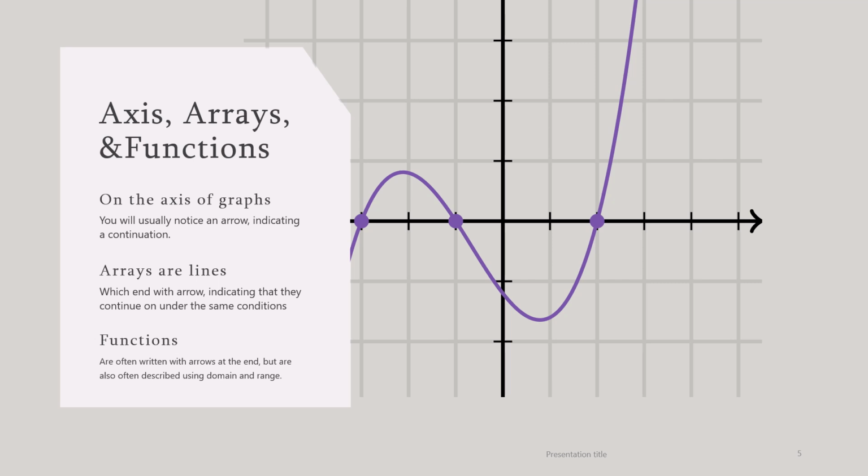Both of these on a graph usually end, at least on one side, with arrows. These arrows lead you to believe that these lines are arrays, meaning that they continue on, presumably, infinitely.